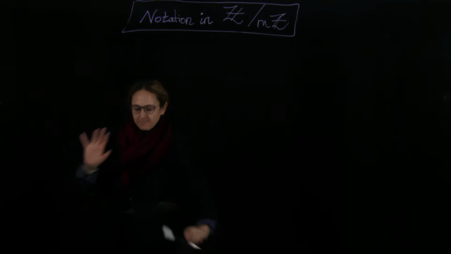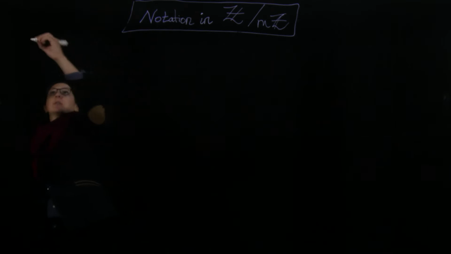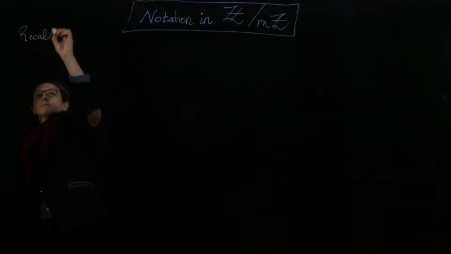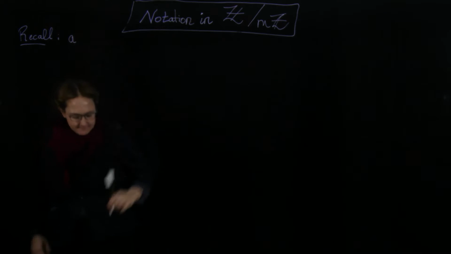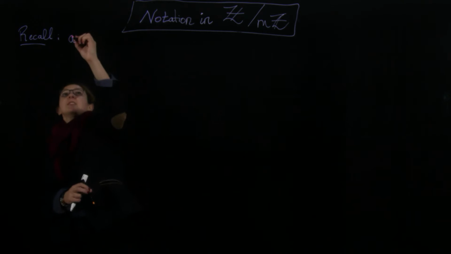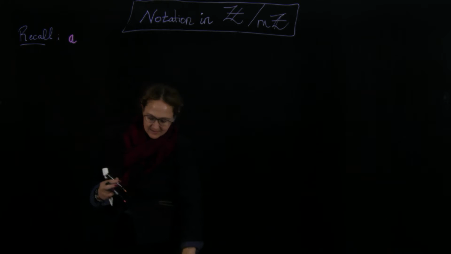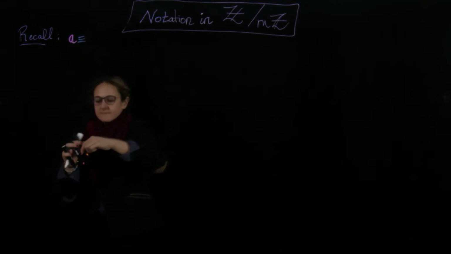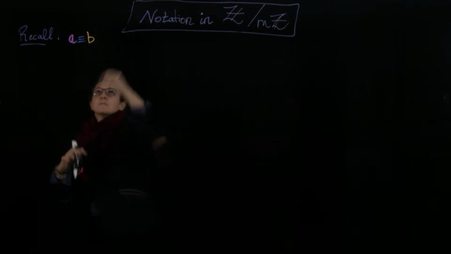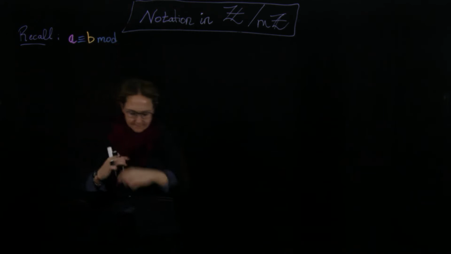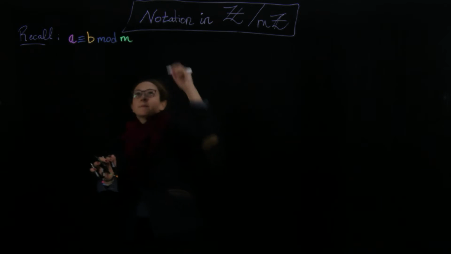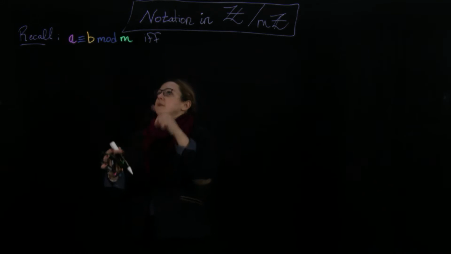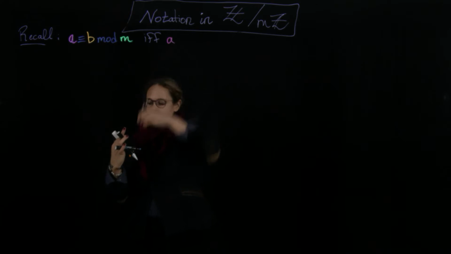The first thing to set this up is to recall that A is congruent to B mod M if and only if A is related to B.